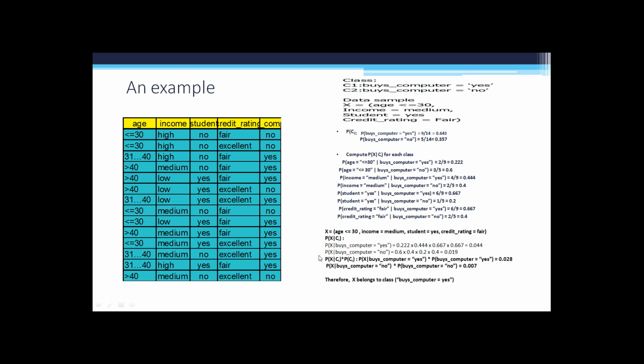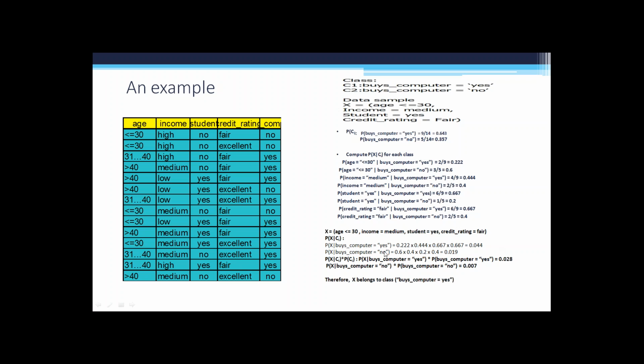That gives you the probability of this observed data given computer equal to yes, which is 0.044.